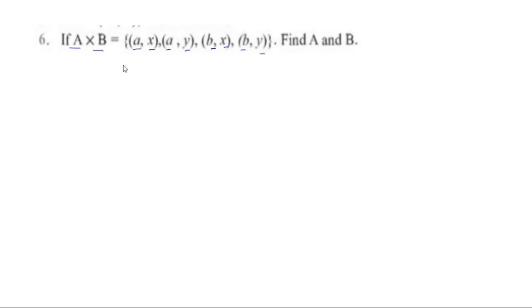Okay, we know that A cross B is the Cartesian product where the first element of the ordered pair is from set A and the second element is from set B. So I can say that set A has the elements a, b, and set B is the set where the elements are x, y, because you can see here the second elements are x and y only.